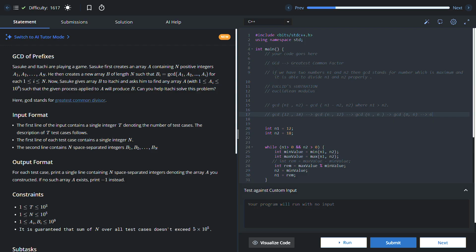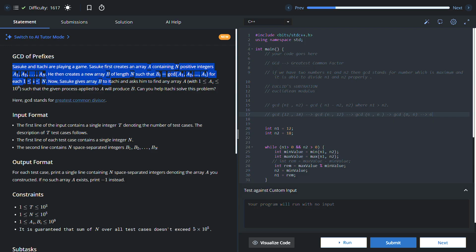Now, Suzuki and Itachi are playing a game. Suzuki first creates an array A containing n positive integers a1 to an, and he then creates a new array B of length n such that B of i is equal to the GCD of a1 to ai, for each i from 1 to n.